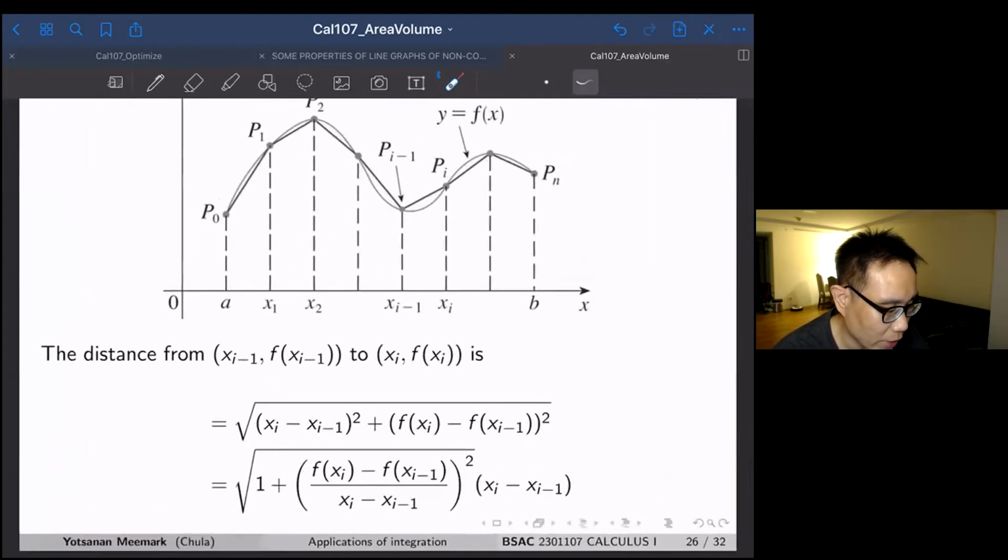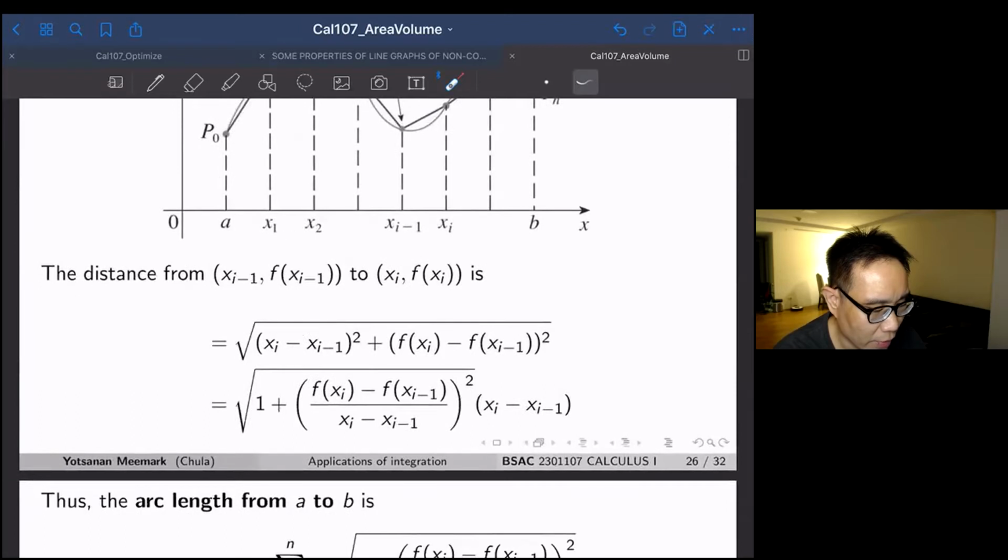So the distance from (xi minus 1, f of xi minus 1) to (xi, f of xi) is the first coordinates subtracted and squared, plus the second coordinates subtracted and squared. So you have xi minus xi minus 1 squared plus f of xi minus f of xi minus 1 squared. Then you pull out xi minus xi minus 1, and you get 1 plus f of xi minus f of xi minus 1 over xi minus xi minus 1.